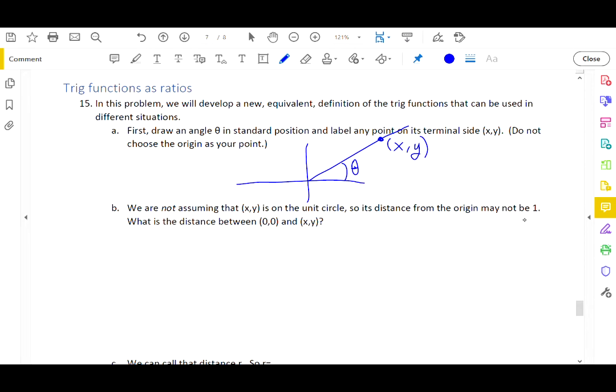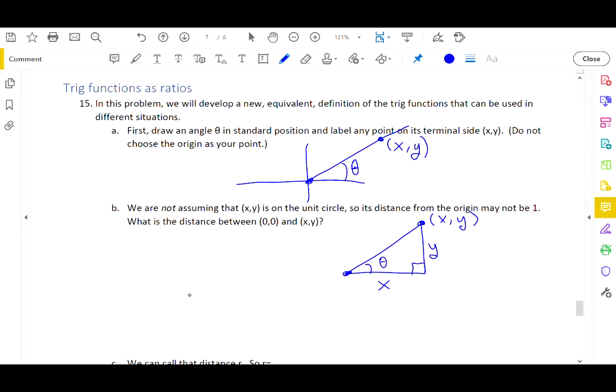What is the distance between the origin and the point XY? There's different ways we can do this, but I think the simplest way is to use the Pythagorean theorem, because X is the base of this triangle, Y is the height of the triangle, and we want to know the hypotenuse because this is a right triangle.